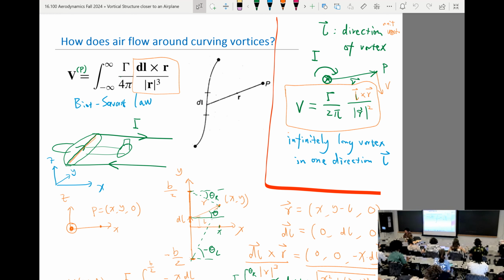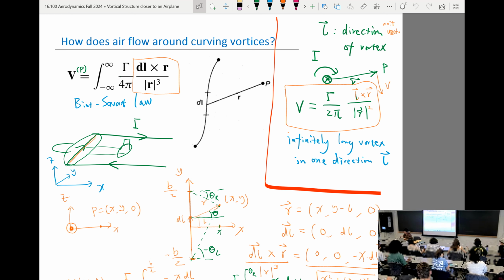And we know the magnitude of the velocity is 1 over the distance. Here, let's use r as the vector that points from somewhere in the vortex to this spatial location, let's say P.